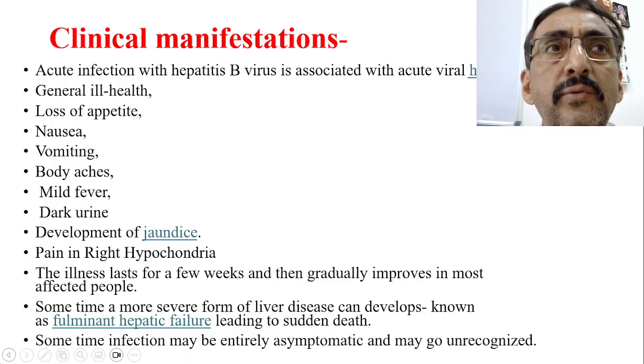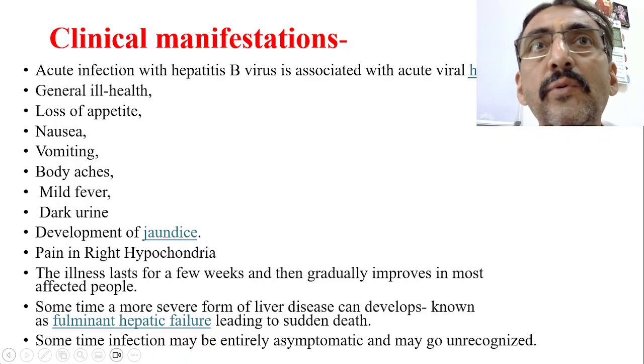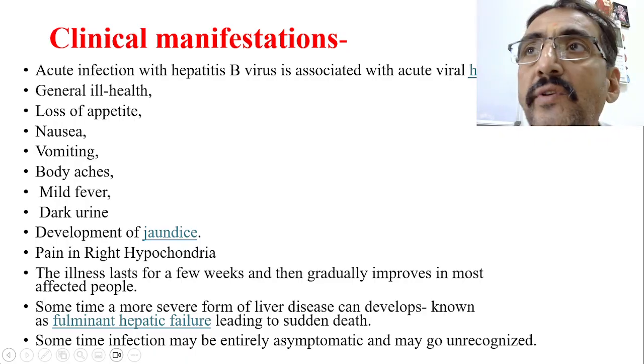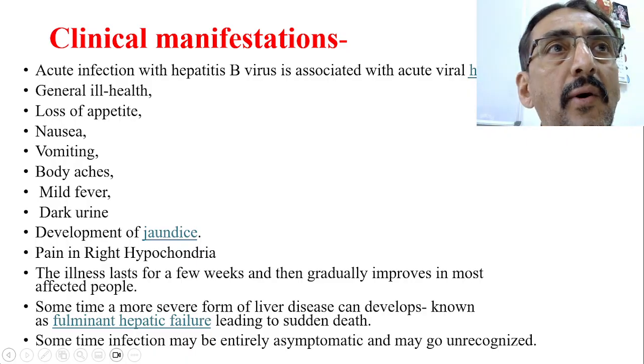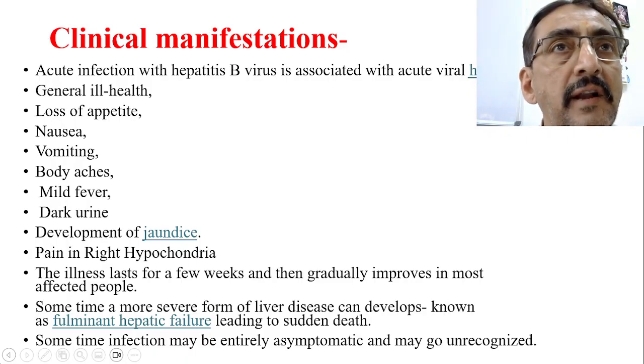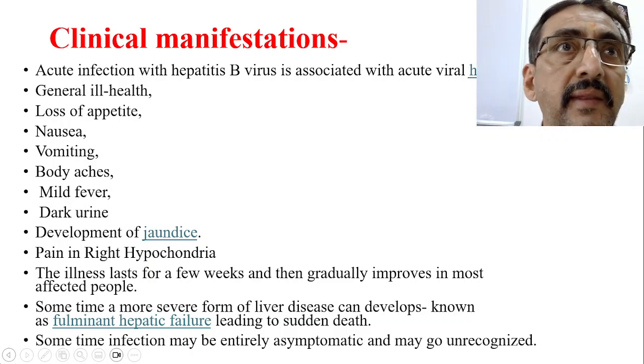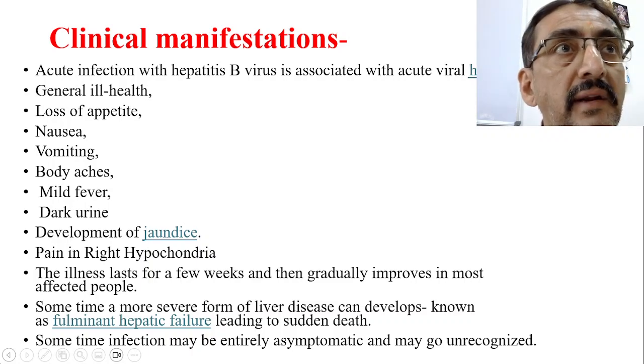Initially it will multiply in one cell. Then ultimately that cell is going to die. The virus is already there, so it will go to another cell and do the same thing in that cell. Like that, it will completely destroy all the hepatocytes. It may take years, even decades.